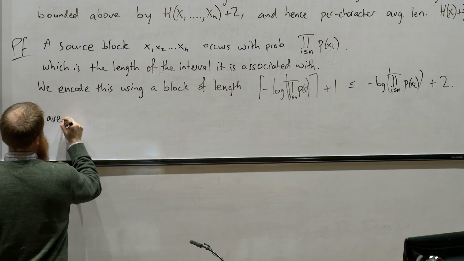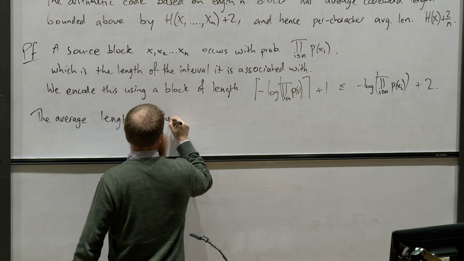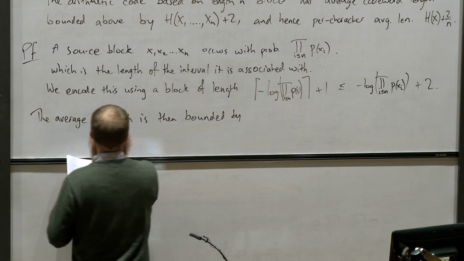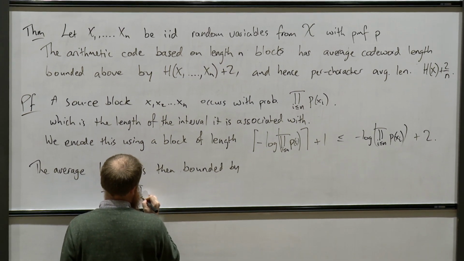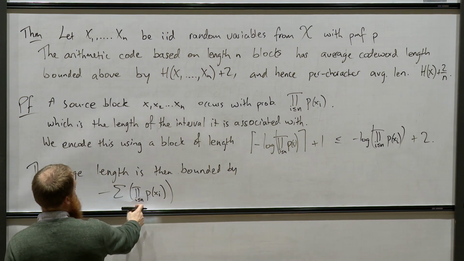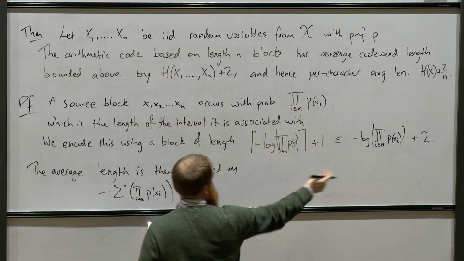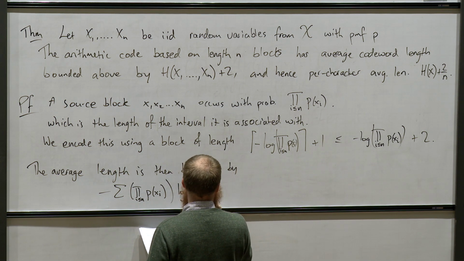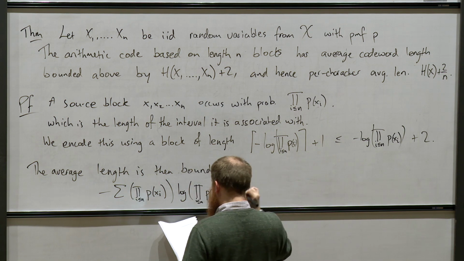The average length is then bounded by minus the sum, well, I need the probability, over i less than or equal to n of p(xi). So this is the probability of the sequence happening times the log, well, this upper bound on the length, plus 2.